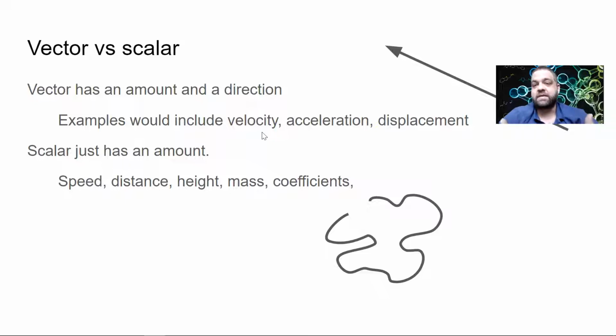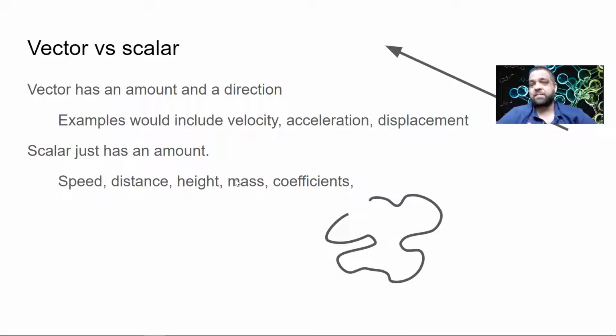And any of these units that are built off of one or another, for example, acceleration. Acceleration is a change in velocity, right? So if velocity is a vector, then acceleration is going to be a vector. When we talk about force, force is based on acceleration. So force is going to be a vector. All of those things have a vector.